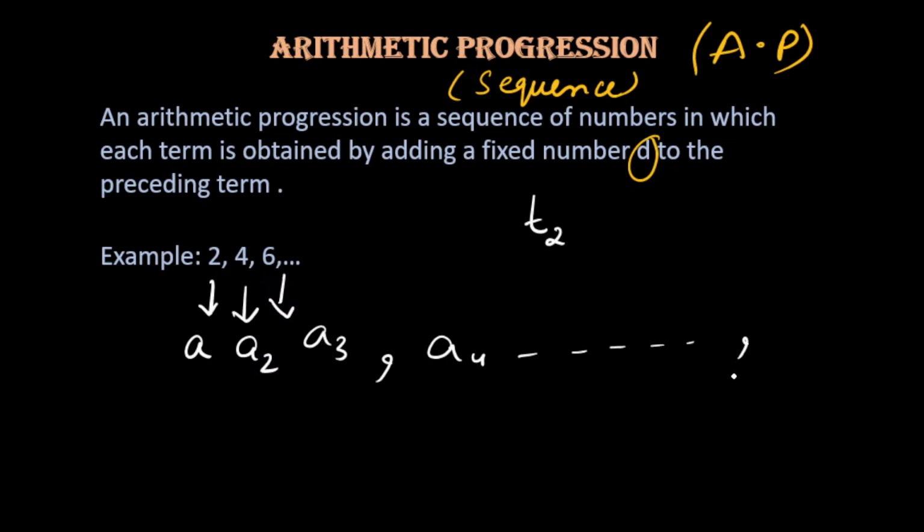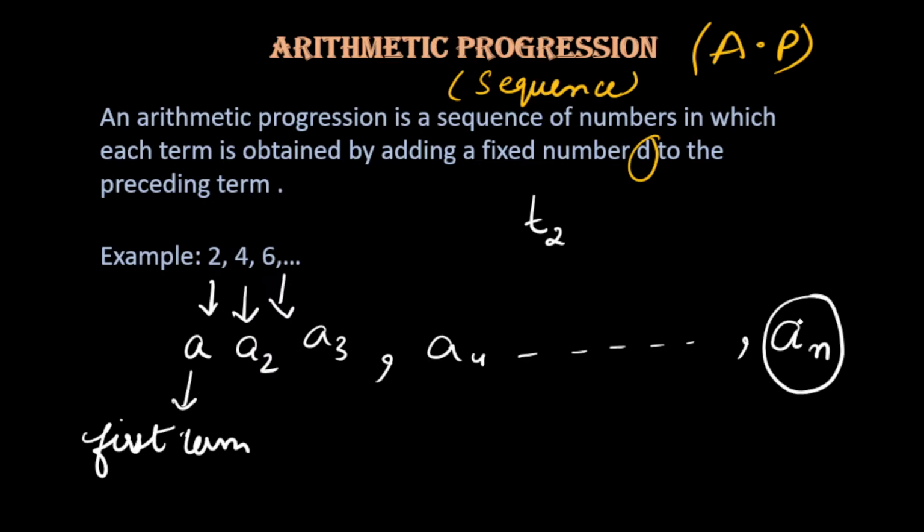If I have to write the last term, I can write it as An, where n is in general. You can also write the first term as A1, but mostly a is the general notation. So a for first term, A2 for second, A3 for third term. Here An is the last term or general term you can say.